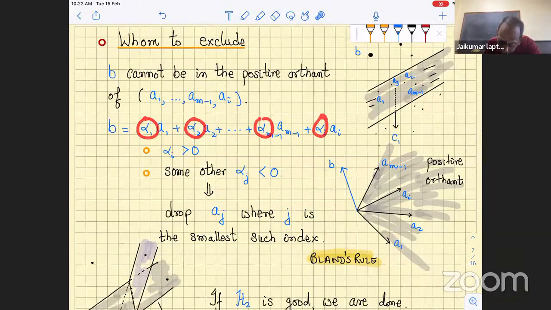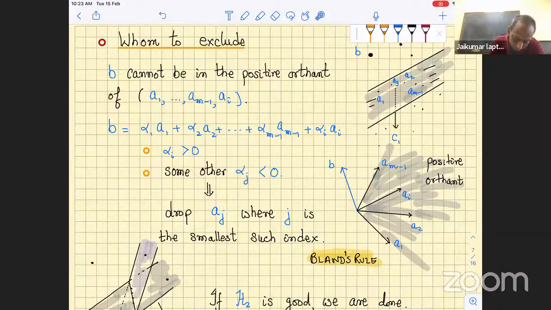Now, we just recently added this vector. Could it be that this alpha_i itself is negative? Well, that is not going to happen because if you take the dot product of both sides with C_1, the old A's give 0. The dot product with A_i was negative because it was on the same side as B. That means this alpha_i better be positive.